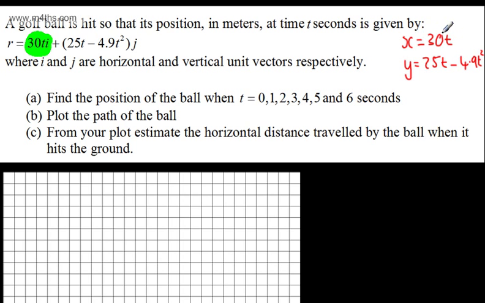After 1 second it will be 30, 2 seconds, 60, and so on. For the y coordinate, we're simply subbing these in. So these are two different functions of time. This one right here gives me the y coordinate, or if you like, the j component in meters. I and j are horizontal and vertical unit vectors respectively. We've looked at that, and that's what I introduced before.